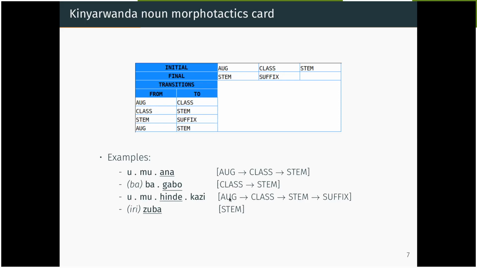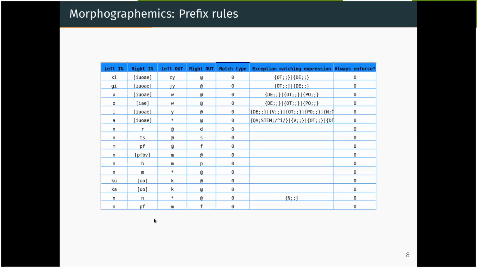Or you have an augment, a class marker, a stem, and a suffix, like umuhindekas. Or you have just a stem, meaning you start from the stem and you end at the stem without a transition, like zuva. So zuva is just a single morpheme, a stem without any affixes.